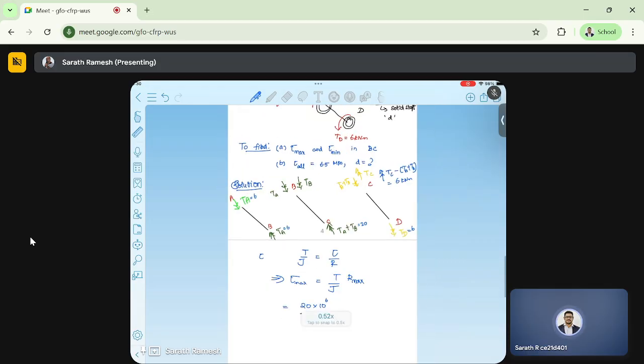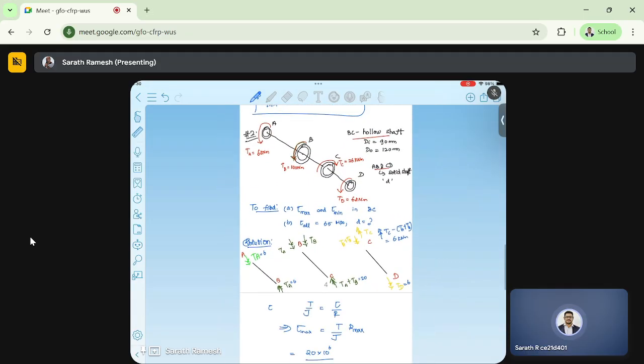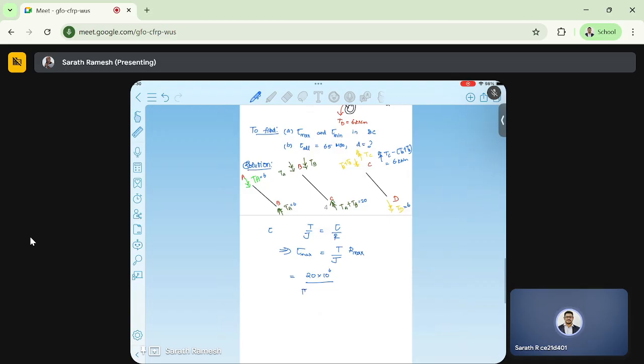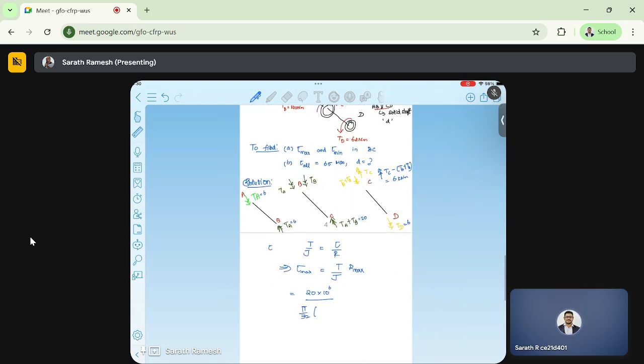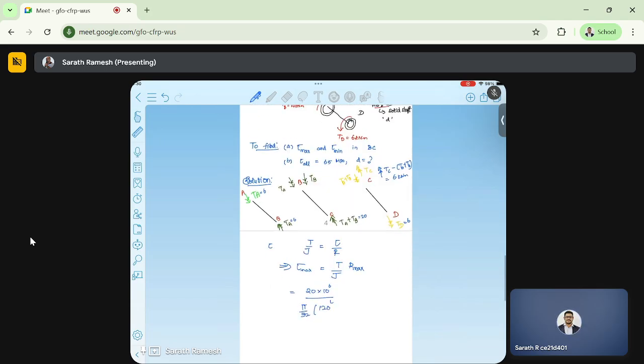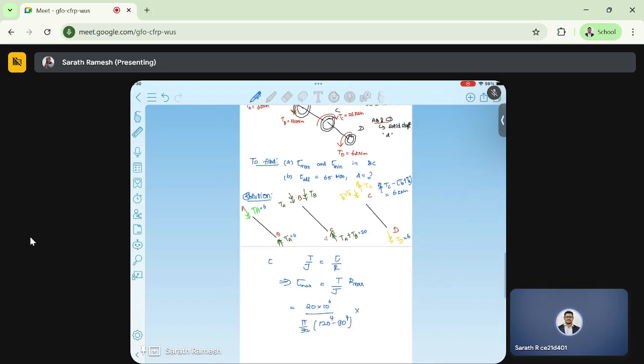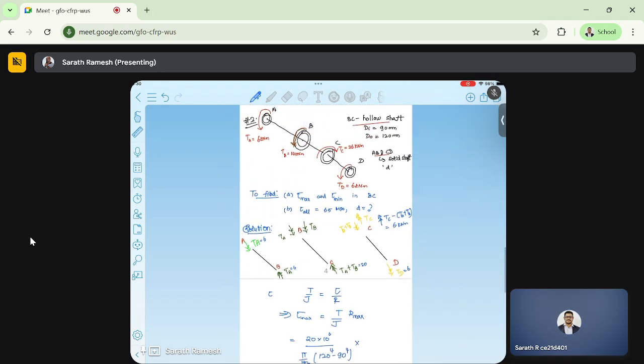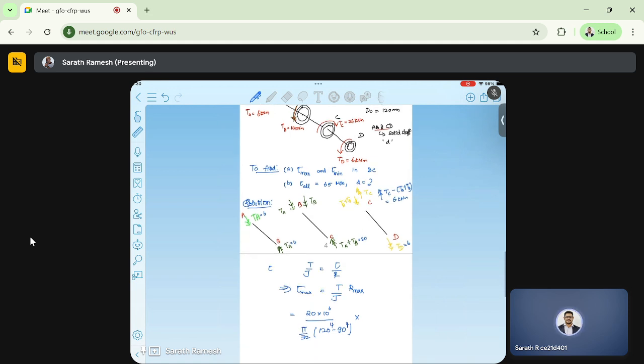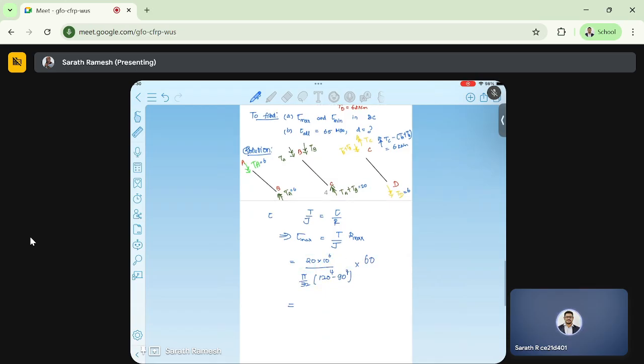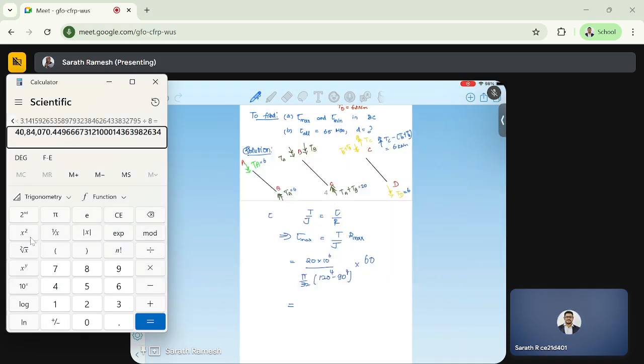J for BC will be hollow shaft, so pi by 32 into DO power 4, which is 120 power 4 minus 90 power 4, into R max, which will be 60. Correct.